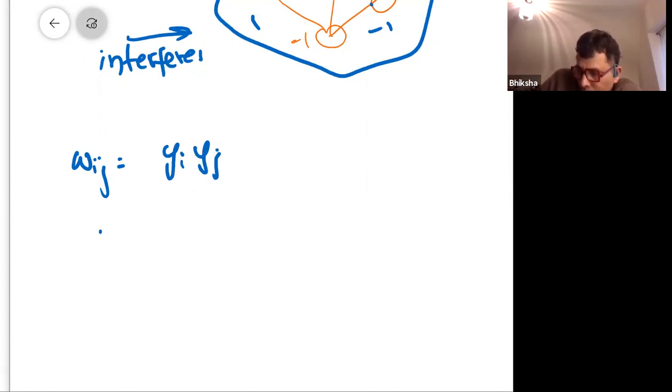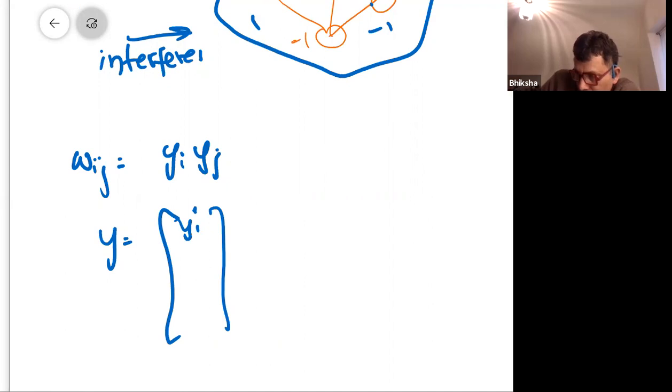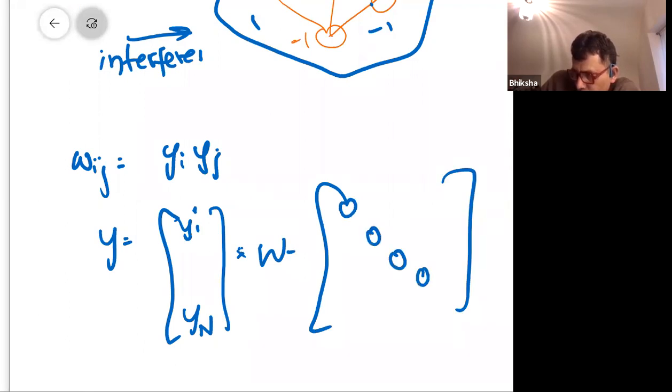Suppose I put my weights in one pattern, right? So this is my first pattern. This is my first bit. This is my, let me call this the nth bit. Then my weight matrix, W, really is, the diagonals are all 0 because there is no self-connection in my networks, right?